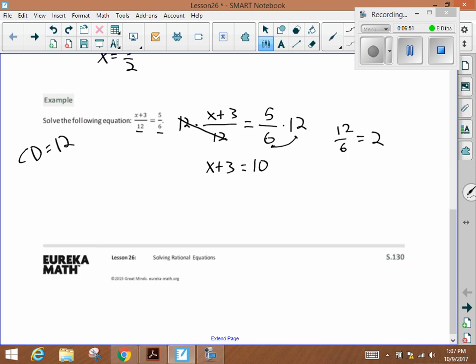You might want to have a look at it and say, hey, this thing actually becomes, what is 5 times 12? 60 over 6. My bad, that's a 0. Which is 10, okay? So that's kind of the in-between step there to see what's going on. If I'm to multiply by 6 times 12, I wind up with 60 over 6, which turns out to be 10, which is what I got right here. Okay, so now I subtract 3 from both sides, and I get the next step.